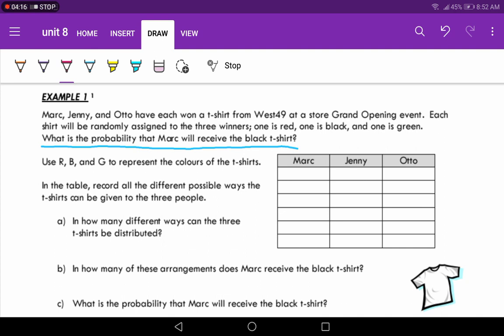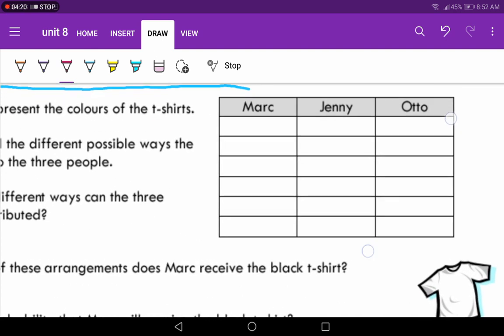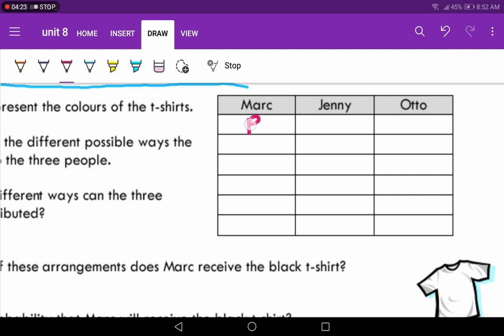Because we're looking at Mark getting the black shirt, that's the outcome I'm going to start with. It's possible that Mark will get the black shirt, Jenny could get the red shirt, and Odo could get the green shirt. If Mark still gets the black shirt, these two can change, right? Jenny could get the green shirt, and Odo could get the red shirt. Or Mark could get the red shirt, Jenny could get the black shirt, and Odo could get the green shirt.